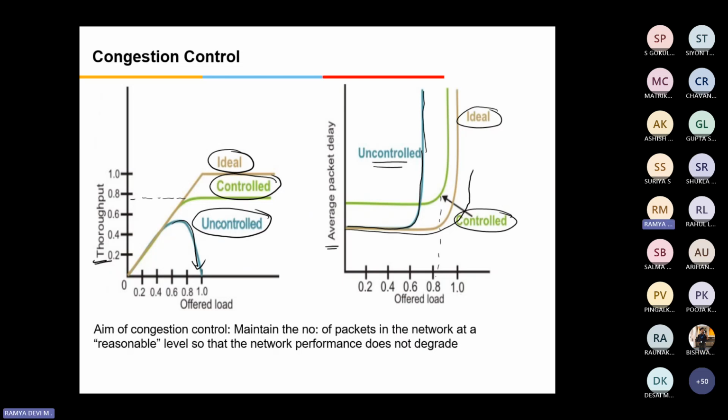A delay? Time delay, I guess. The throughput is nothing but the data that is being sent successfully. That is your throughput. Delay is the time it takes the packet to travel from source to destination. That is the delay.